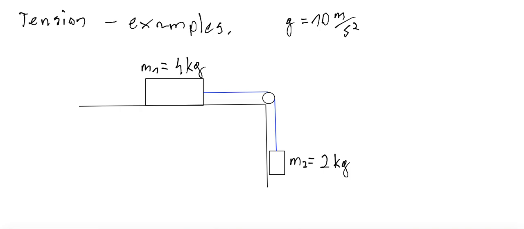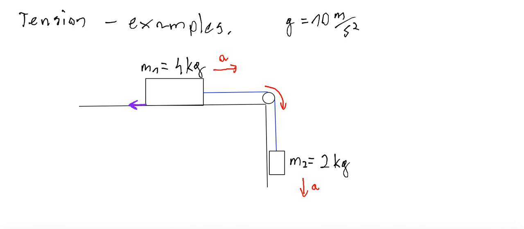The question is, what is the acceleration of the objects? Of course, this object will be accelerating to the right, this object will be accelerating down, but I'm going to add one more force to the system. Frictional force acting on object 1.